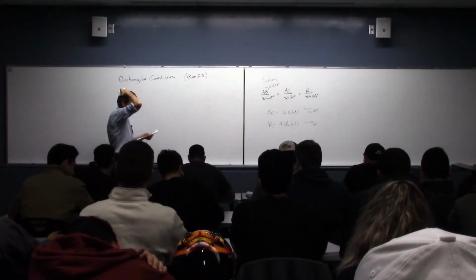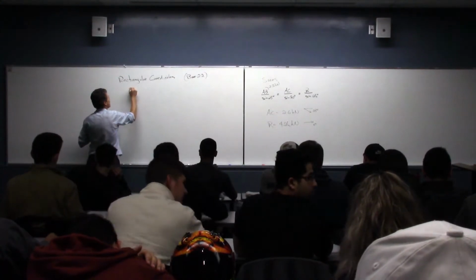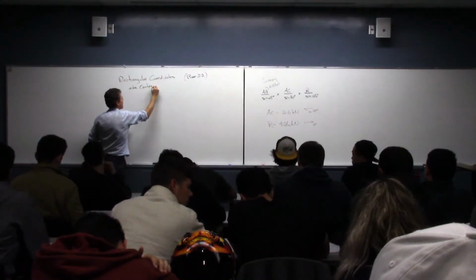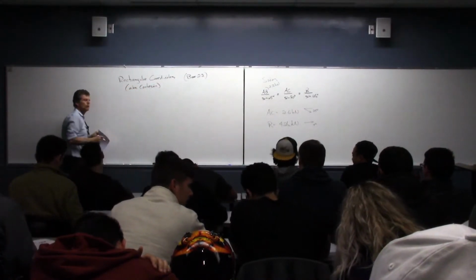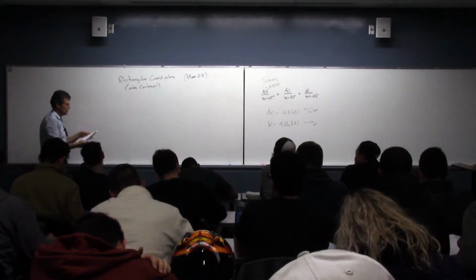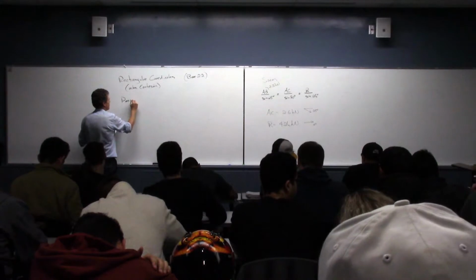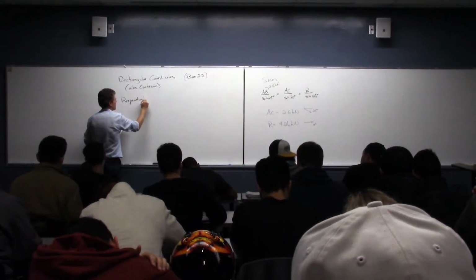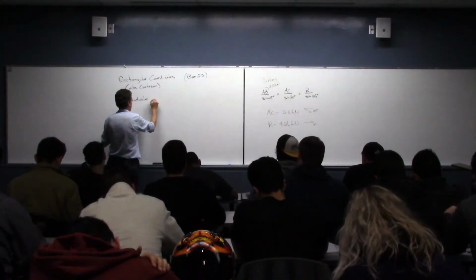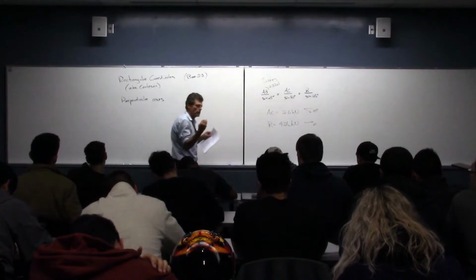This will be your section 2.2, which I'm sure most of you have already read. Another way this is expressed is called the Cartesian coordinate system. The key thing here is we're going to be dealing with perpendicular axes.